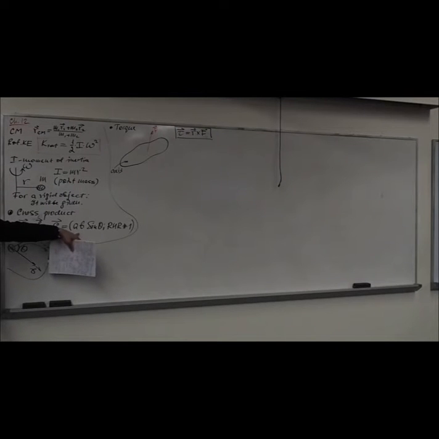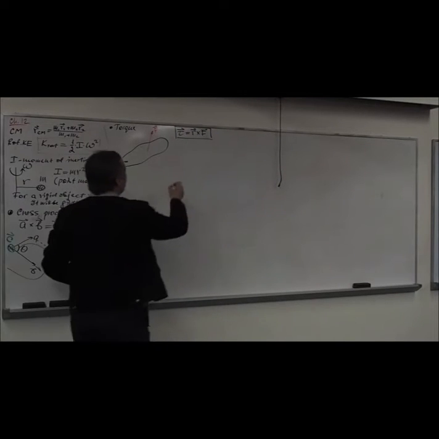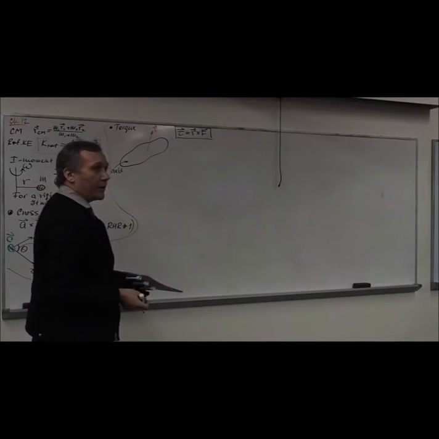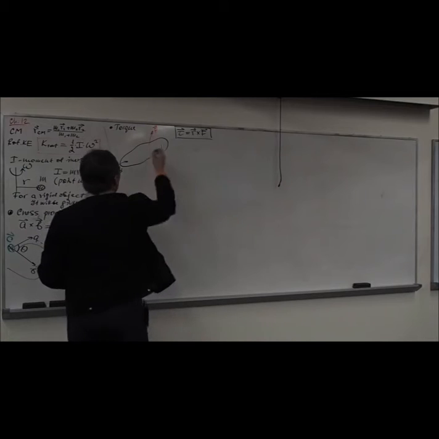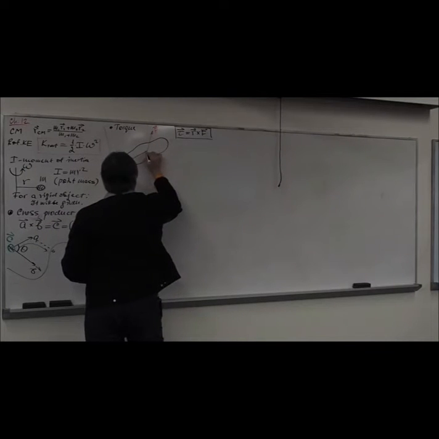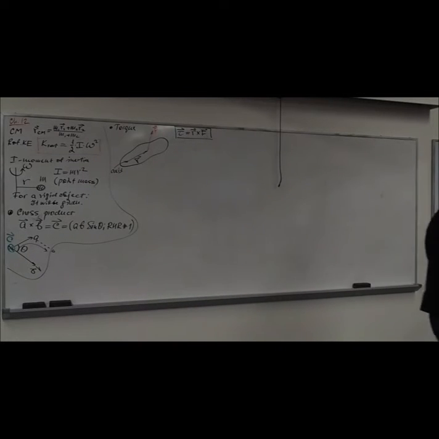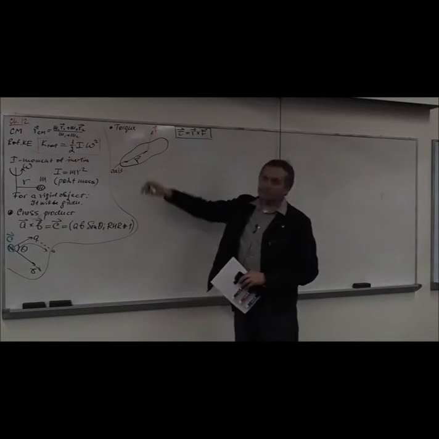To find the magnitude, you just use r F sine theta, and apply the right-hand rule to find the direction. So where is r? r is this: the position vector from the axis of rotation, or the origin, to the point where the force is applied. In this case, I will position the origin at that point.